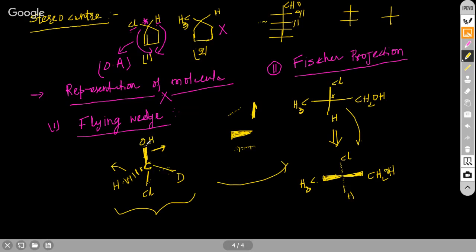The plane of this and these two will be different, and these two will also not be in the same plane. It's a very simple logic. The bond angle between these two is 109 degrees, so it is tetrahedral and cannot be in the same plane. For the molecule to be in the same plane, they must be linear, 180 degrees.